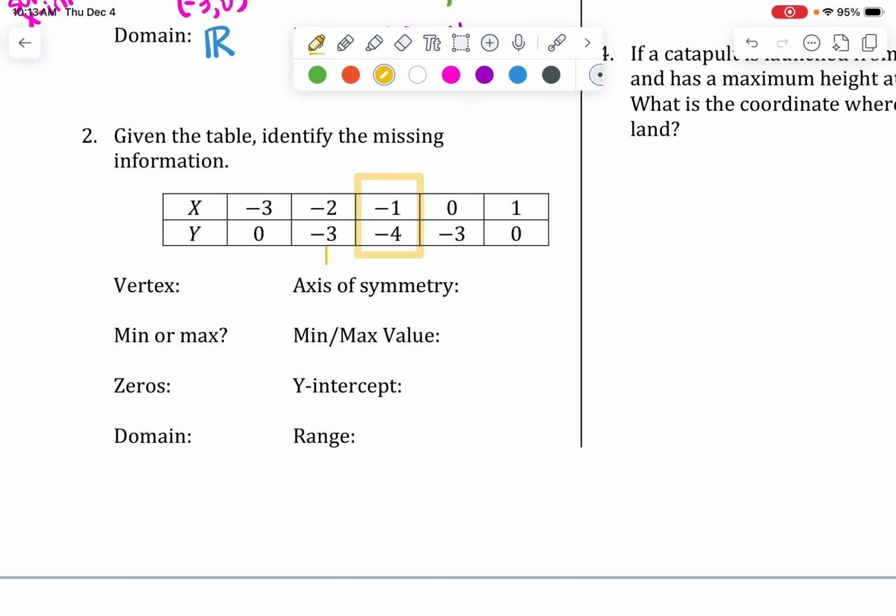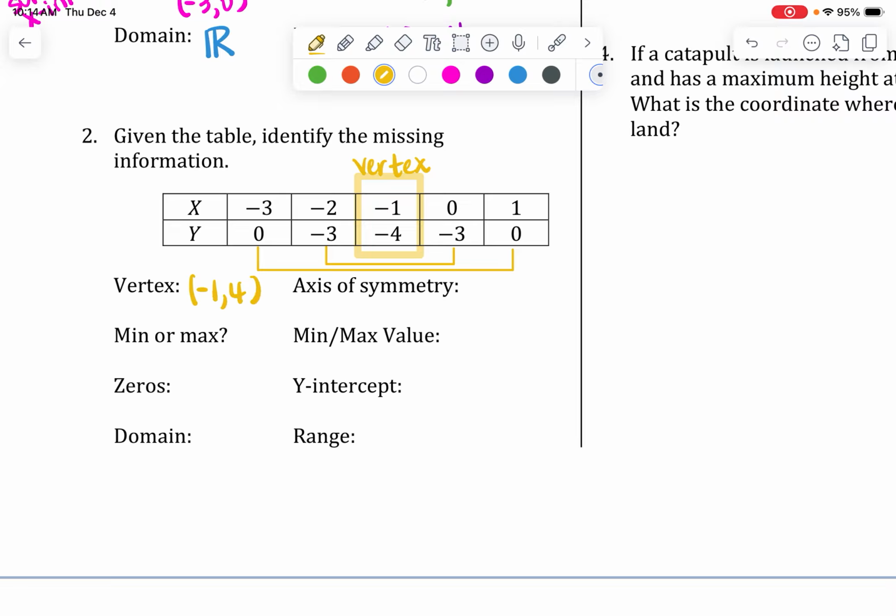Notice the reflective quality around the -4, right? It's surrounded by -3s, and then the -3s are surrounded by 0s. So that reflective quality tells me that this is the middle point because everybody around it is a reflected y value, okay? So that gives us our vertex of -1, -4.